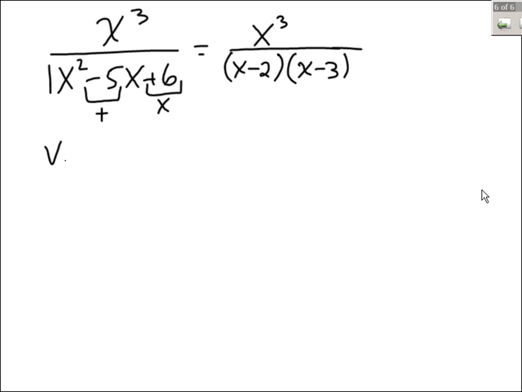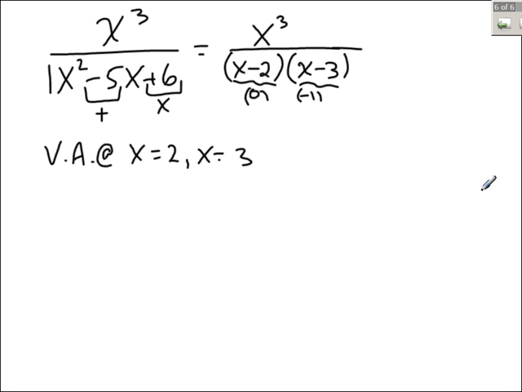So we have vertical asymptotes at x equals 2 and x equals 3, because 2 will make the bottom 0. 0 times whatever, in this case, 0 times -1. If x is 2, you have 0 times -1, and that's 0.